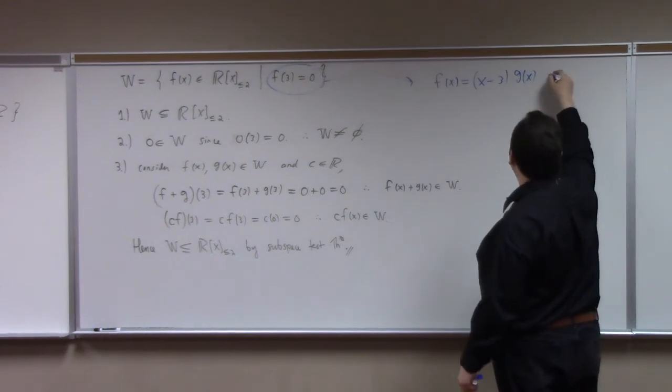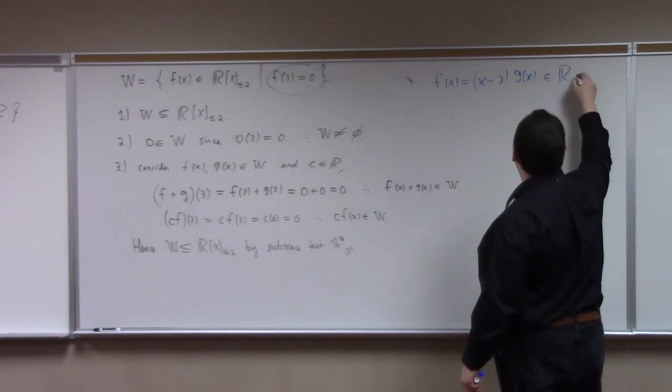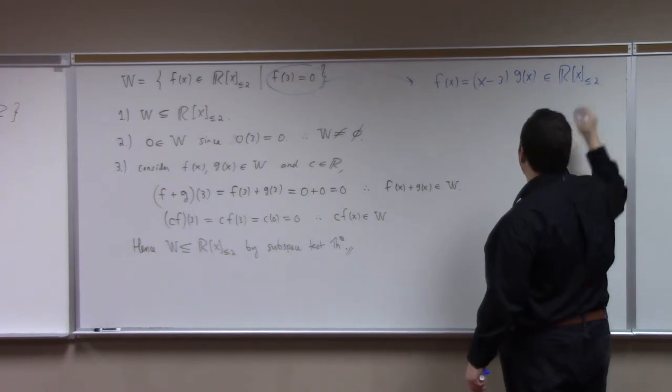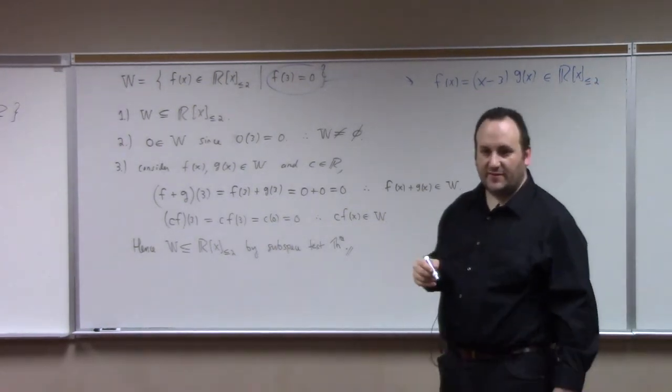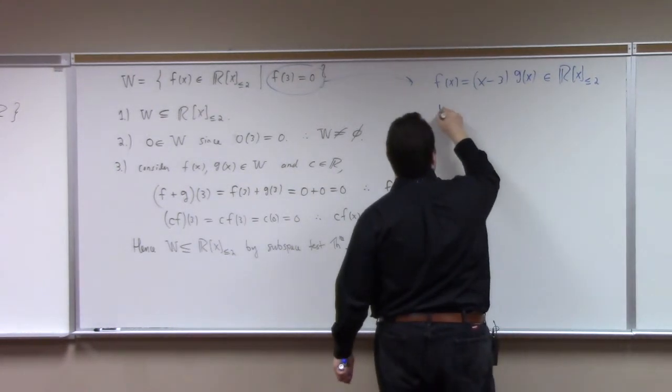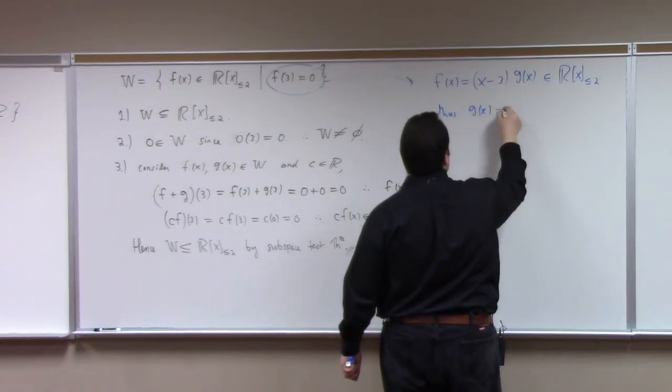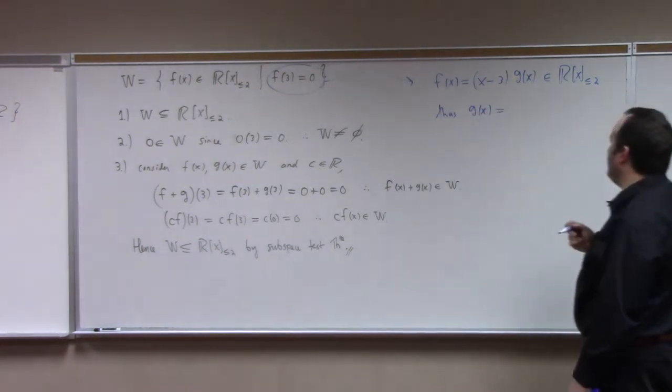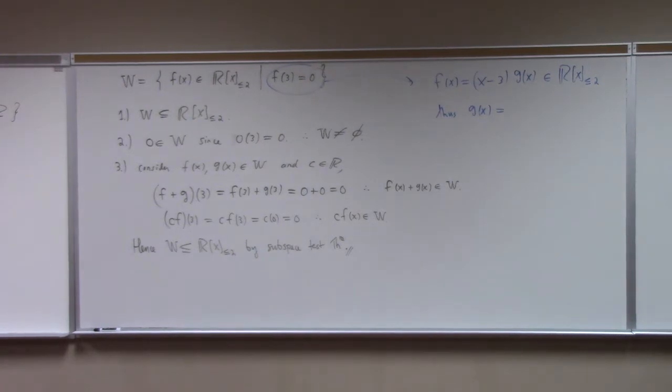But this is an element of a quadratic, right? So what's that say about the g of x? What's g of x have to look like then? When I multiply this thing out, it has to have the form a2x squared plus a1x plus a naught.